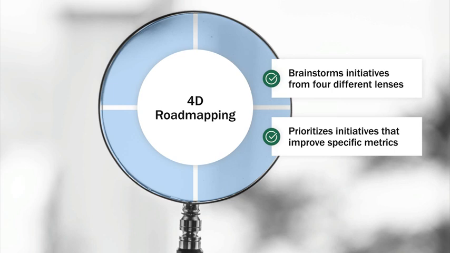4D roadmapping is a roadmapping process that brainstorms roadmap initiatives from 4 different lenses, each with their unique strengths and weaknesses, and restricts and prioritizes those initiatives to only those that improve a specific set of metrics and objectives.